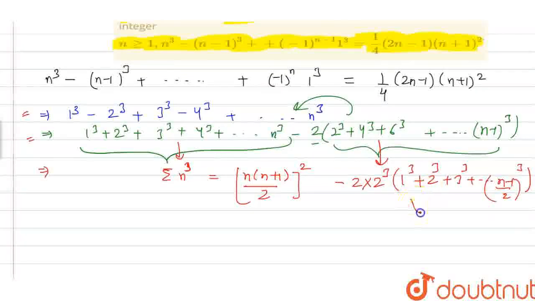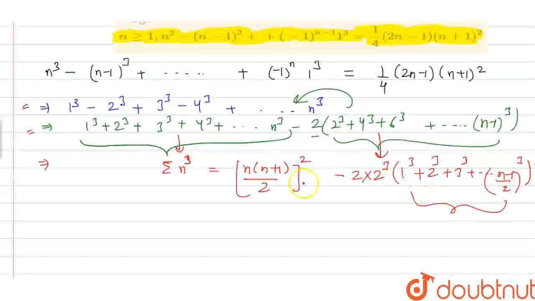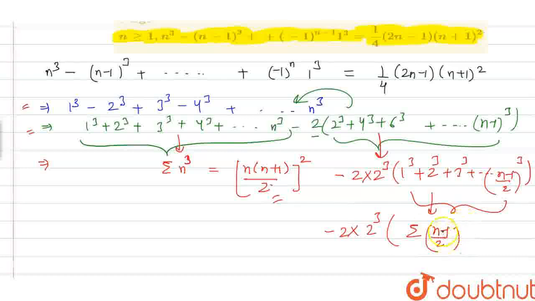Now it is basically again 1 cube plus 2 cube plus 3 cube till ((n minus 1) by 2) whole cube. Now we can apply the same concept here also. So this is basically minus 2 into 2 to the power 3, and this is equal to the summation of this, with (n minus 1) by 2 whole to the power 3. This is basically the concept, right?